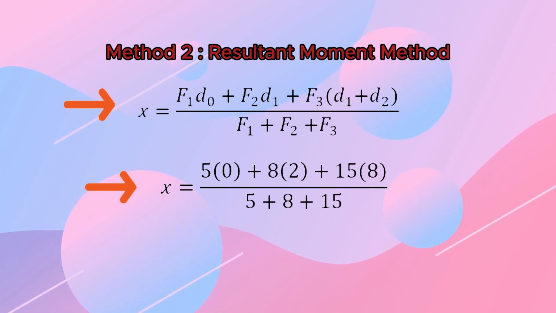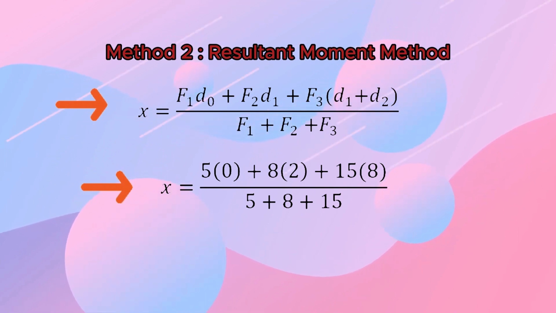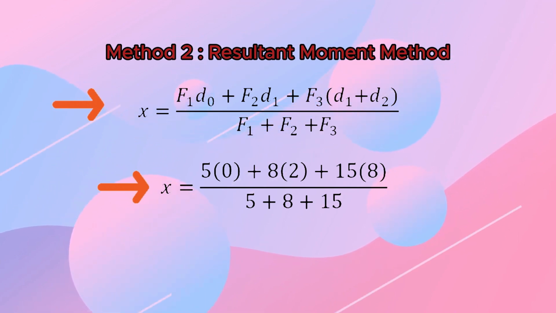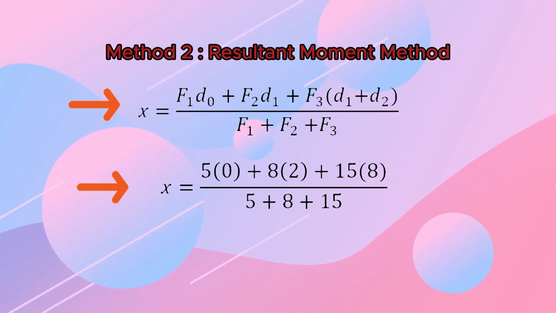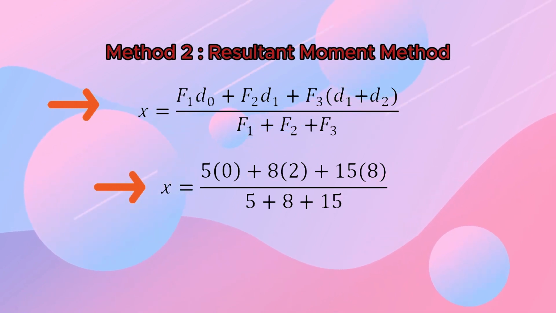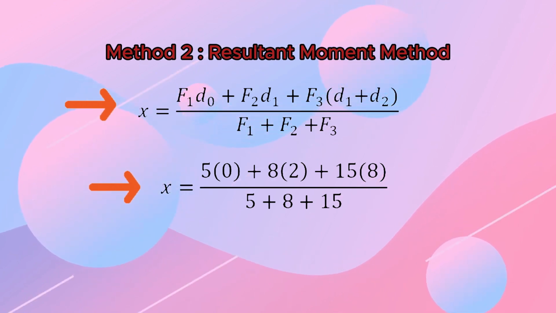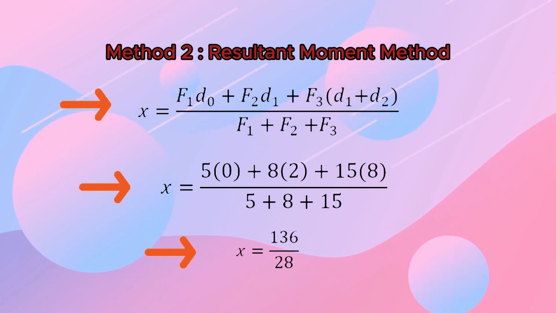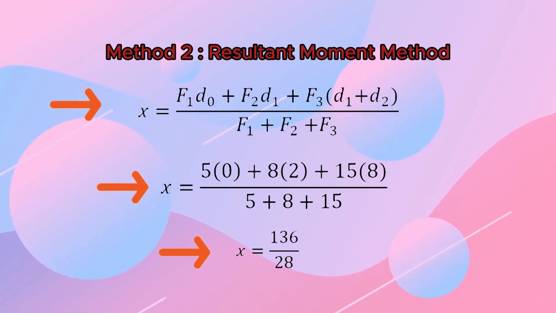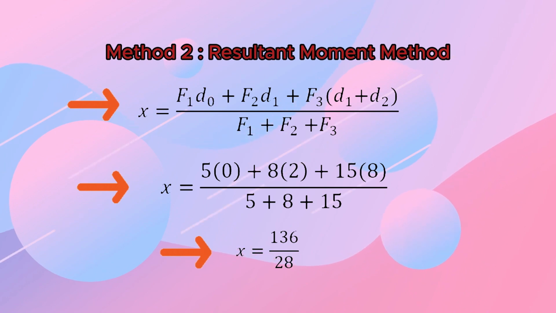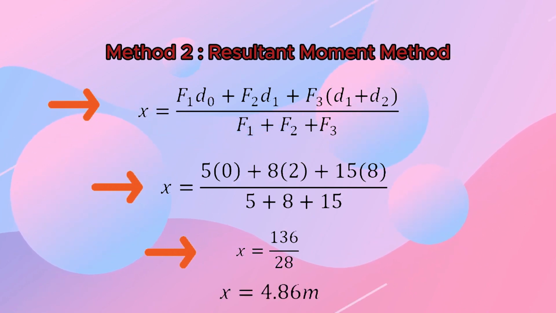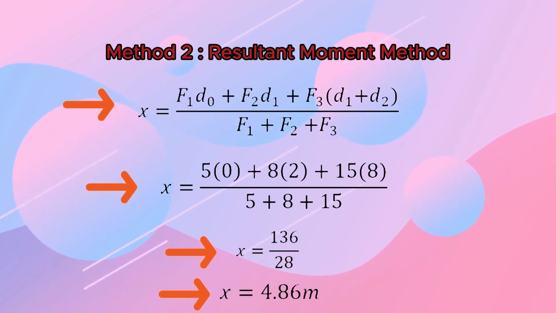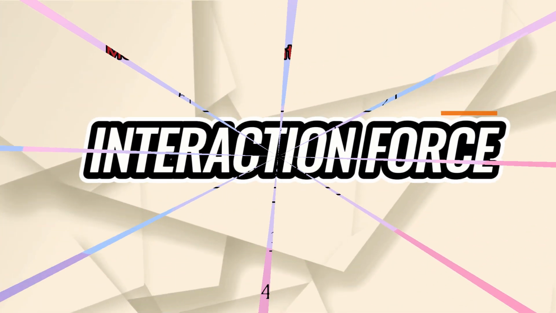X equal to 5 times 0 plus 8 times 2 plus 15 times 8 divided by 5 plus 8 plus 15. Then, x equal to 136 divided by 28. And the answer is x equal to 4.86 meter.